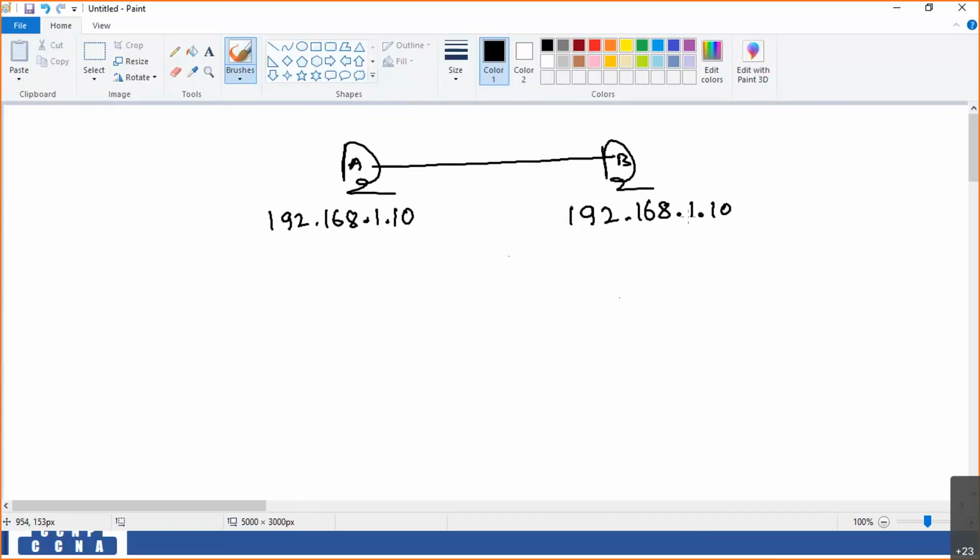No, IP address conflict. If I use 2.10, will they communicate? No, different networks. If I now assign 1.20, will they communicate? Yes. But actually, this is not my question.